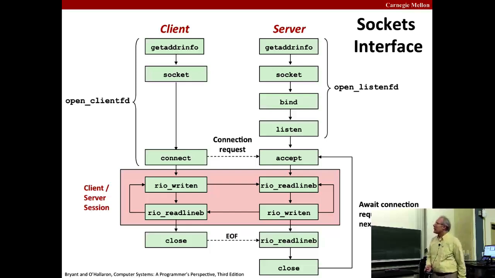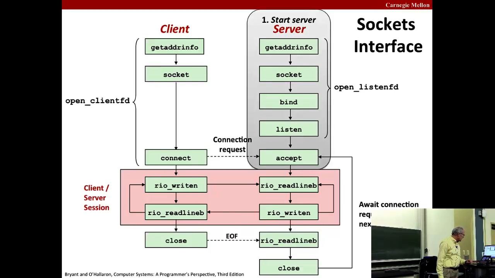So the overall idea of this picture then is, sorry, I can't get used to the fact my remote doesn't work. The right-hand side refers to the steps that the server has to go through, and the left-hand side is what the client does.